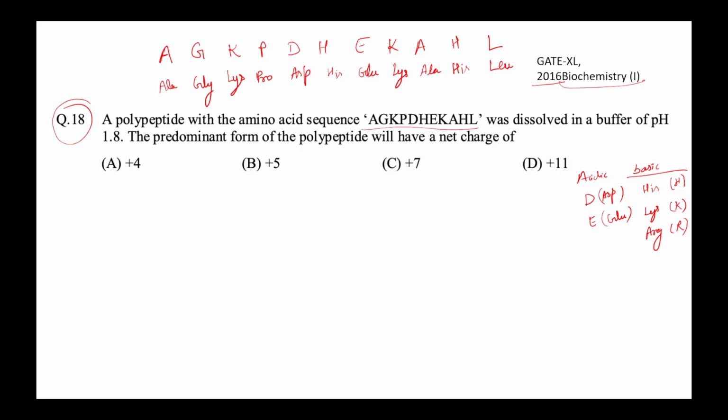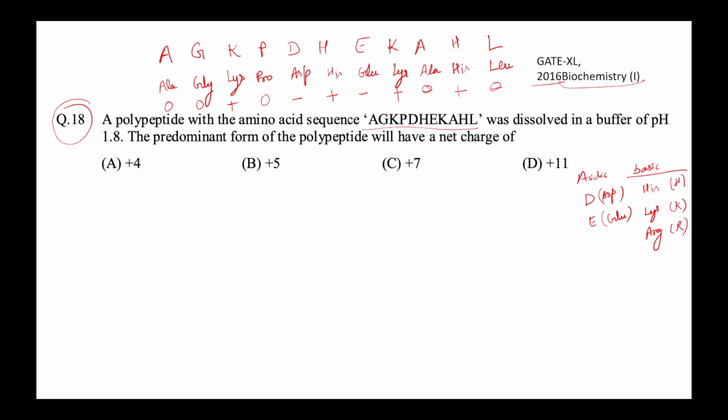So if I go charge-wise here, this has no charge, this also has no charge. This will have a positive charge, no charge, negative charge, positive charge, negative charge, positive charge, no charge, positive charge and no charge.